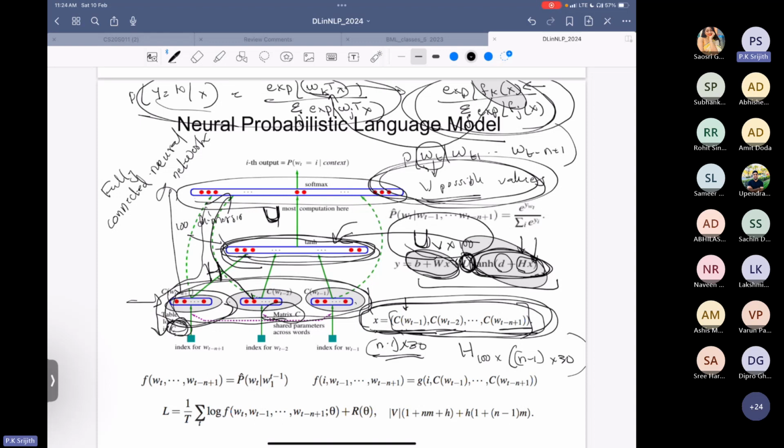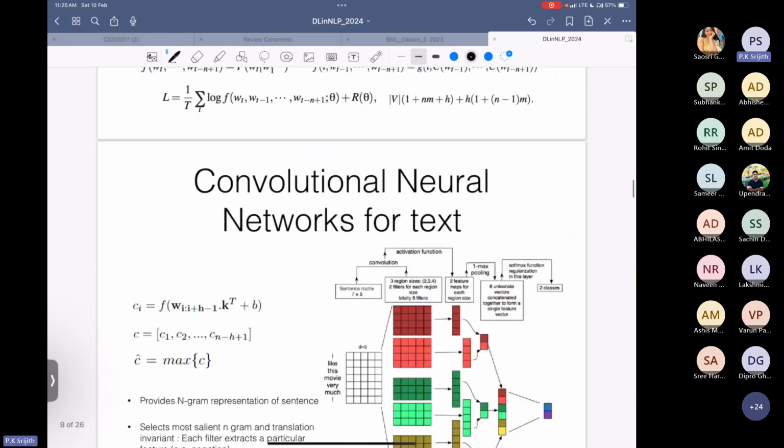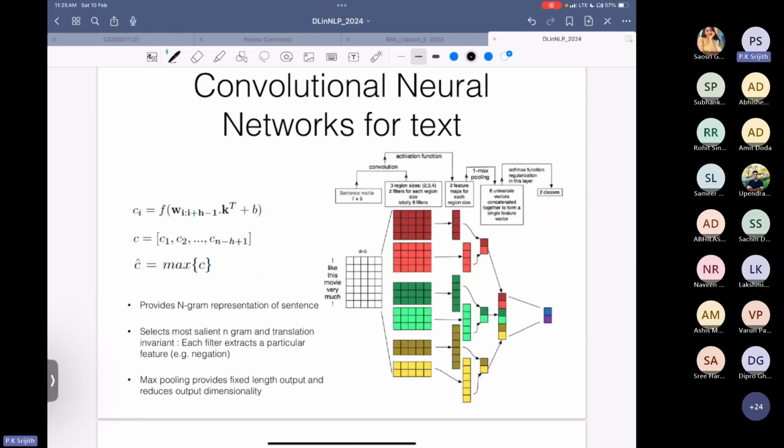So then came this era of convolutional neural networks, and the NLP community also started looking at how CNNs can be used for solving their problems, like text classification, sentiment classification, or part of speech tagging, etc. So let's now look at how these convolutional neural networks can be used for text classification problems.